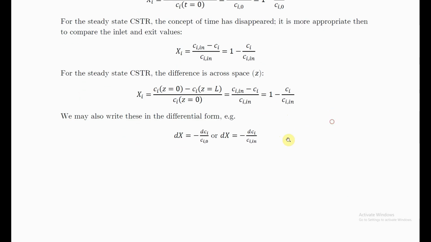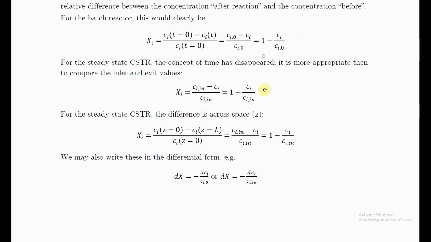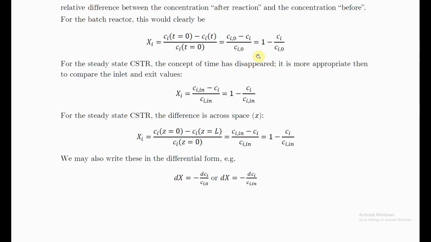And then we can also think about the differential form. So if we differentiate X, then we can say dX equals dCi. So this is the time one. If you differentiate this in time, then the 1 vanishes, and we are left with dCi/dt divided by Ci0.